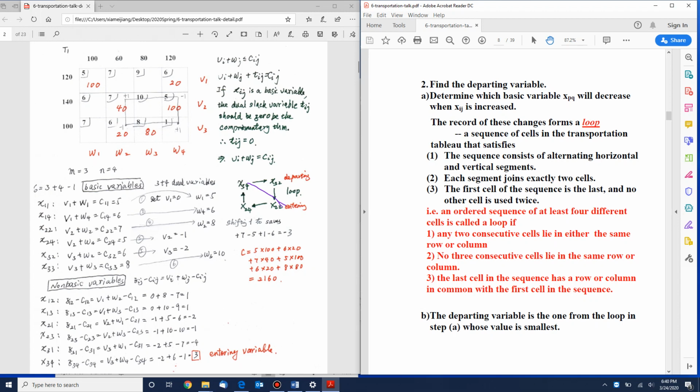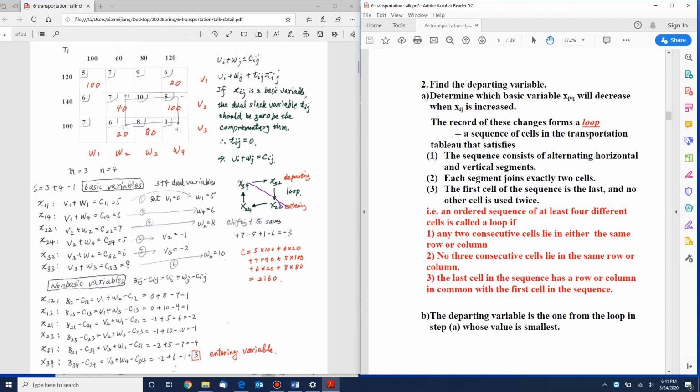So in this way, when we decrease 1 from cell 24, then we can increase 1 in cell 22. And when we increase cell 22 by 1 unit, that means in that column, because market 2 only needs 60, if we increase 1 from source 2 to market 2, then we have to reduce 1 from source 3 to market 2, right?